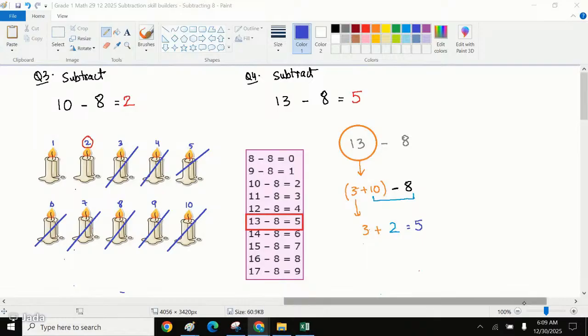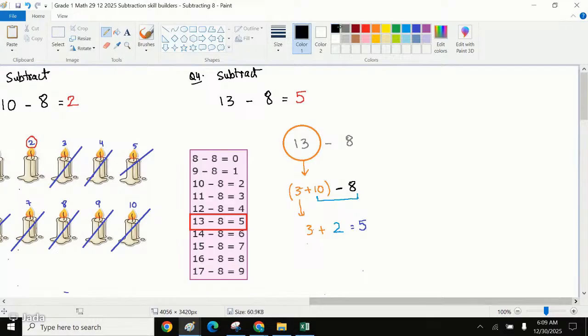The next question is very similar. Question number 5 says subtract 12 minus 8. What would be 12 minus 8?